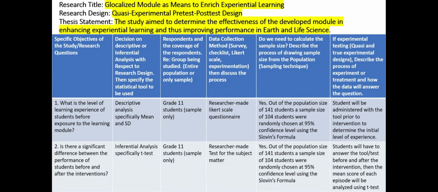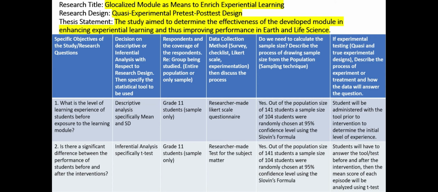So in the process, students will be administered with the tool prior to intervention to determine their level of experience. So the tool will be the researcher-made Likert scale questionnaire, and I will be getting the average of all the students who took the test.